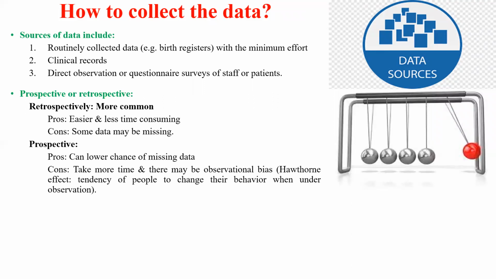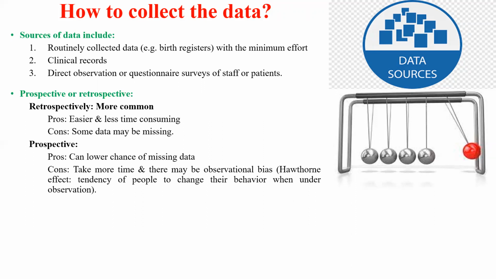The second is how to collect the data, either prospective or retrospective. Each one has its pros and cons. The retrospective, which is the more common, is easier, less time consuming, and less costly. But it has a disadvantage: by the retrospective way, some data may be missing, and this is a major drawback of the retrospective way.